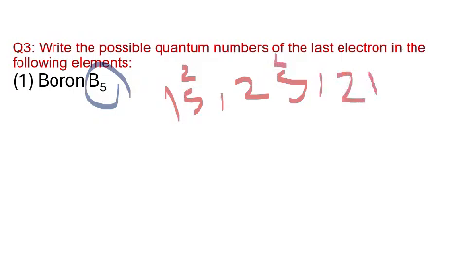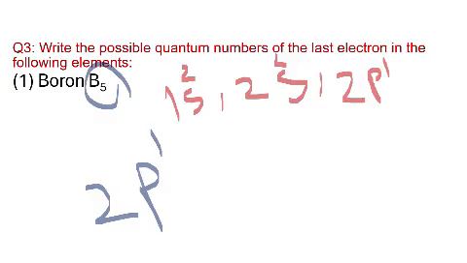Ask yourself before you answer, where is the last energy sublevel here? The last sublevel here is 2p1. So we have the last energy sublevel, which is 2p1, and as you know, the sublevel 2p contains 3 orbitals.